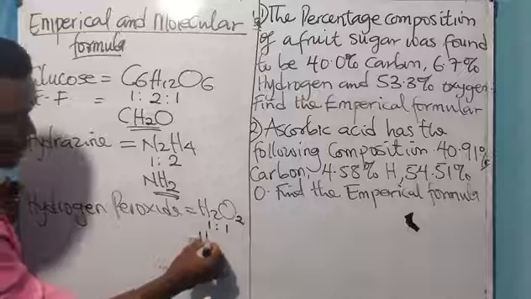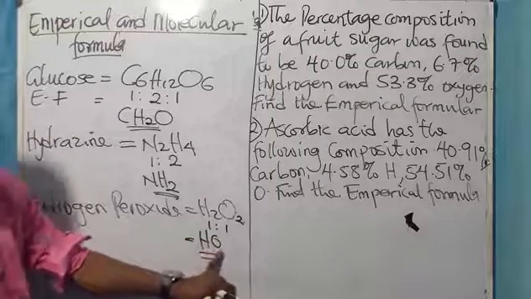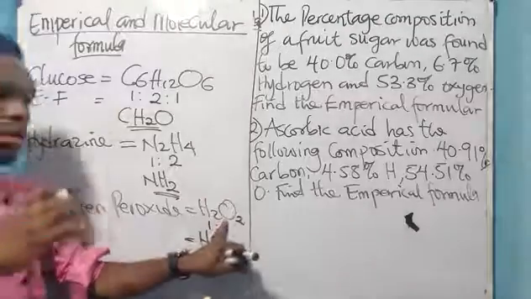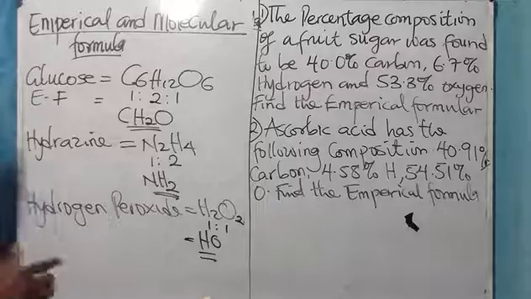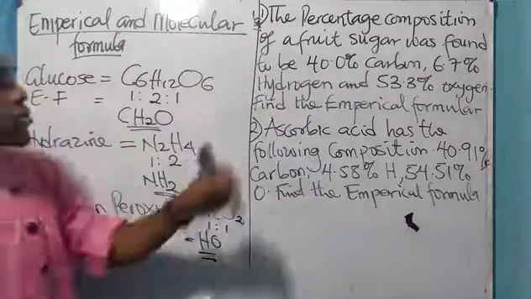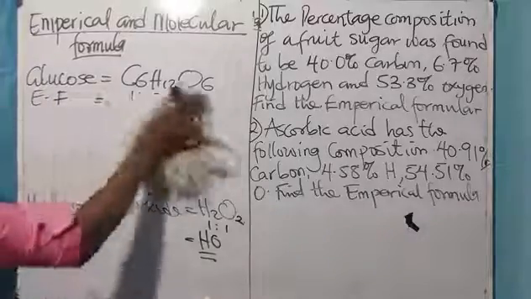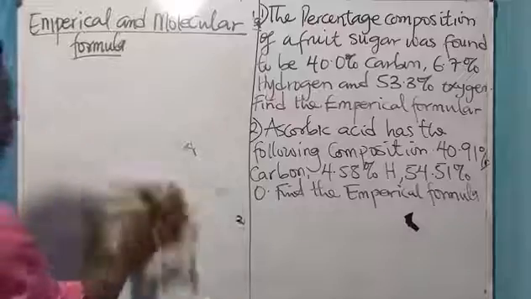So we now have HO. This is the empirical formula of hydrogen peroxide, and this is the molecular formula of hydrogen peroxide. Take note of that. You have numerous examples, but on the board we have two questions that involve the empirical formula.